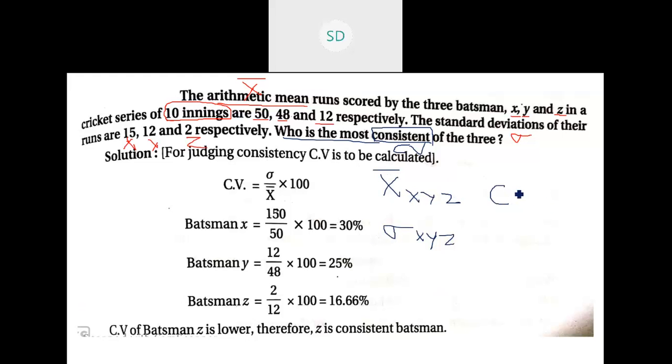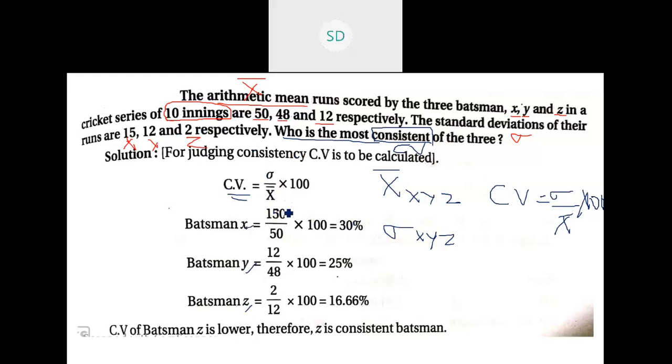To find CV, the formula is standard deviation divided by X bar into 100. All that we have to do throughout the problem is apply the CV formula for X, Y, and Z. So let's calculate.